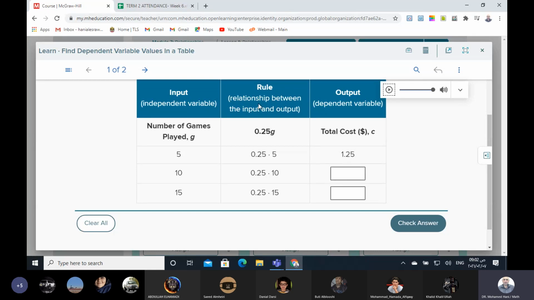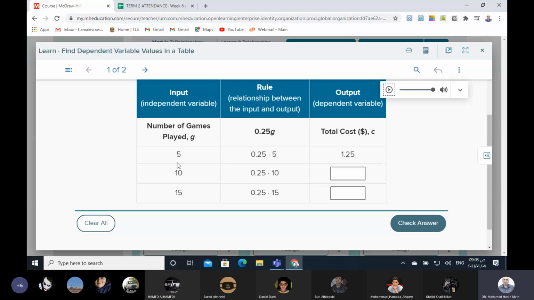The second column, we have the rule. What is the relationship between the input and output? The rule here: take the number of games G, multiply by 0.25. You will get the cost C. So the cost C means the output, the dependent variable.